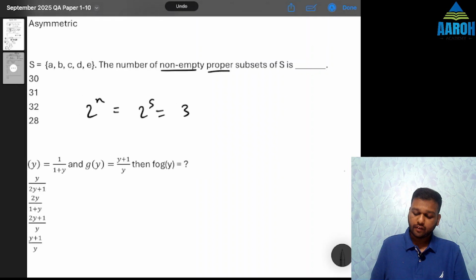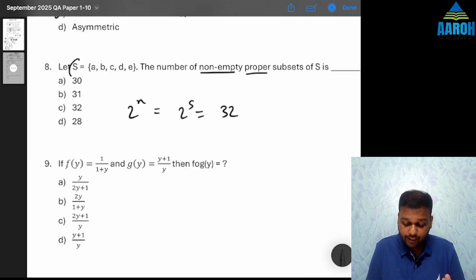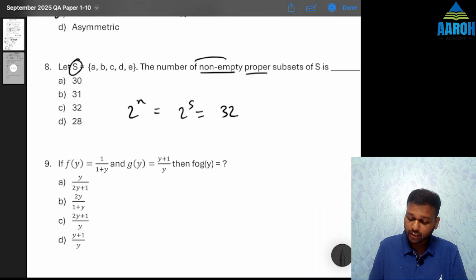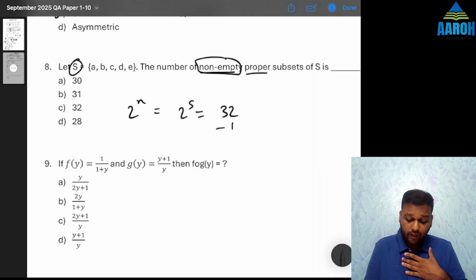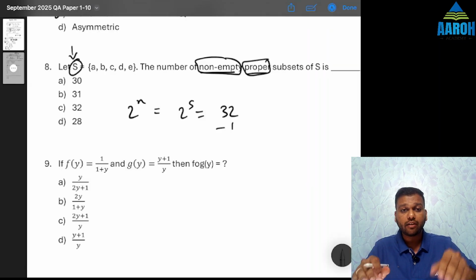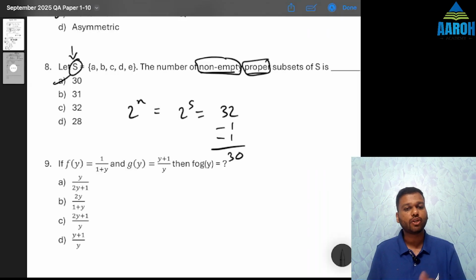But this has all the subsets, including the empty subset and S itself. We don't want the empty subset because they are asking for non-empty, so we subtract 1. We also don't want S itself because they are asking for proper subsets. A proper subset means any subset which is not S itself. So we subtract 1 more. So 30 is the correct answer, option A.